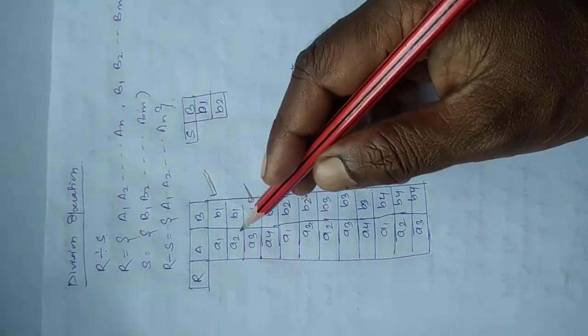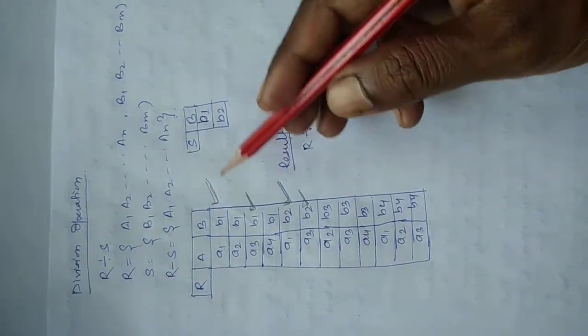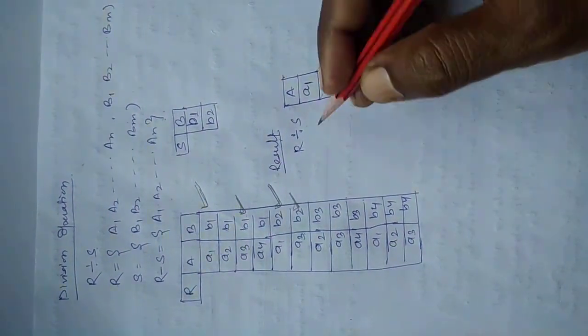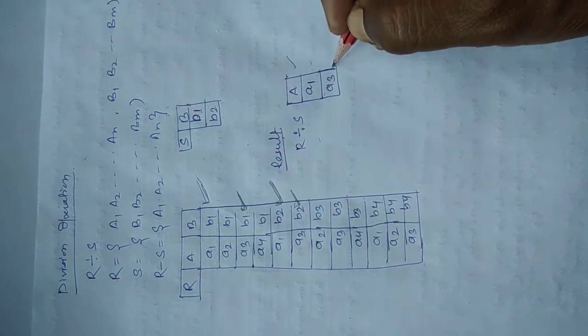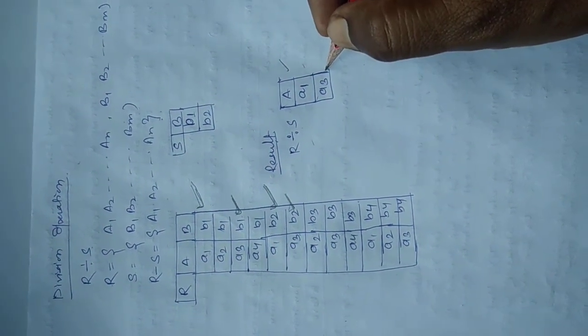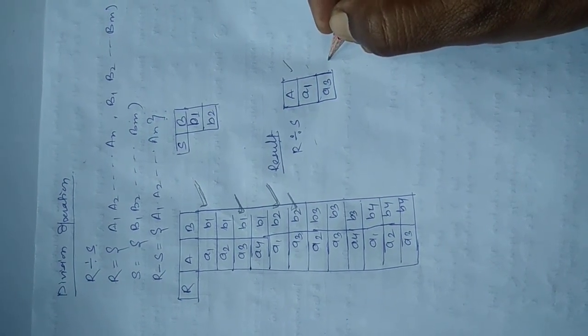Common in this are A1 and A3. So this is the result, A1 and A3. It is the result of the division operation.